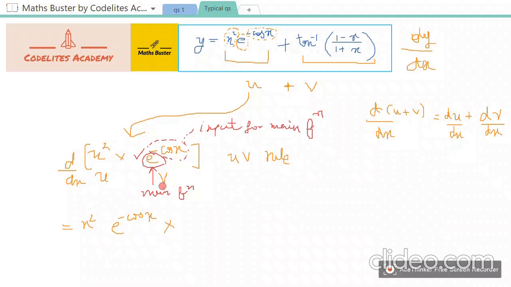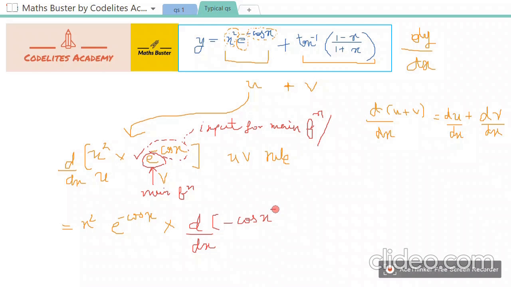So what do we differentiate now by the chain rule? The input. I can call it an input or a second function, or second main function, anything you like. But we will differentiate this input, which was for your first main function.